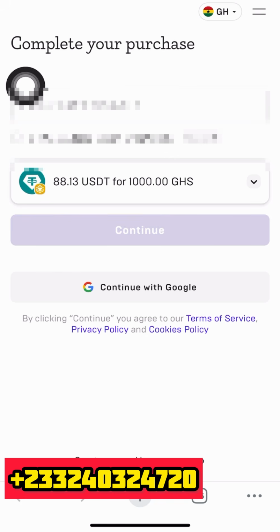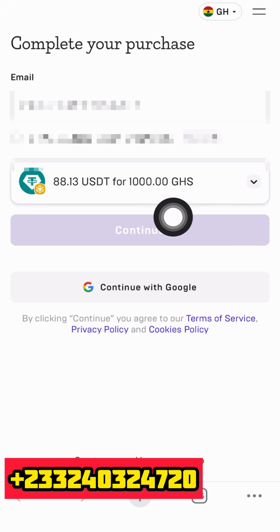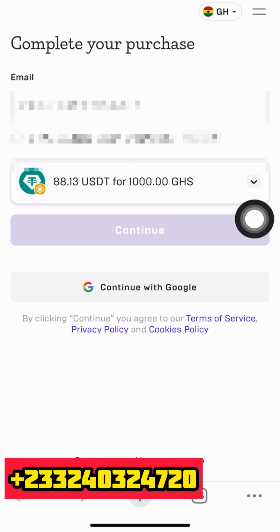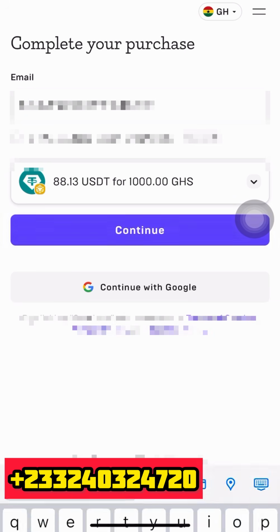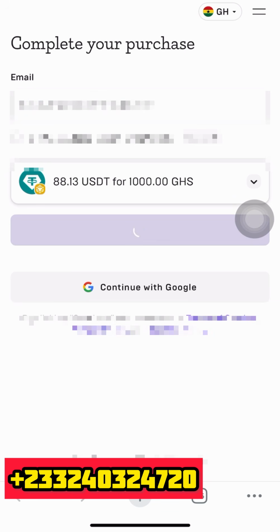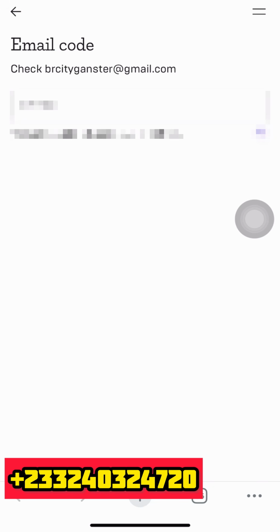So when I come to continue here, you have to log in. You have to log in. Yeah, so let me log in. There are some things I will not show you.